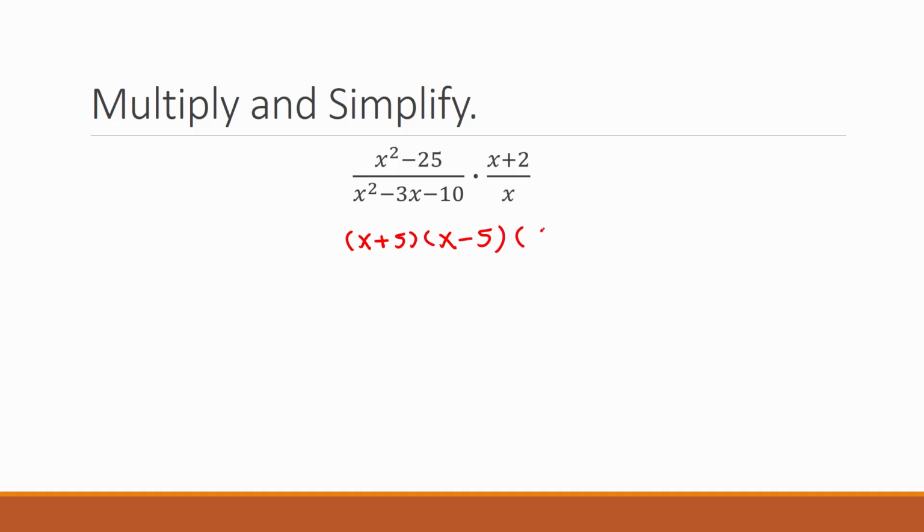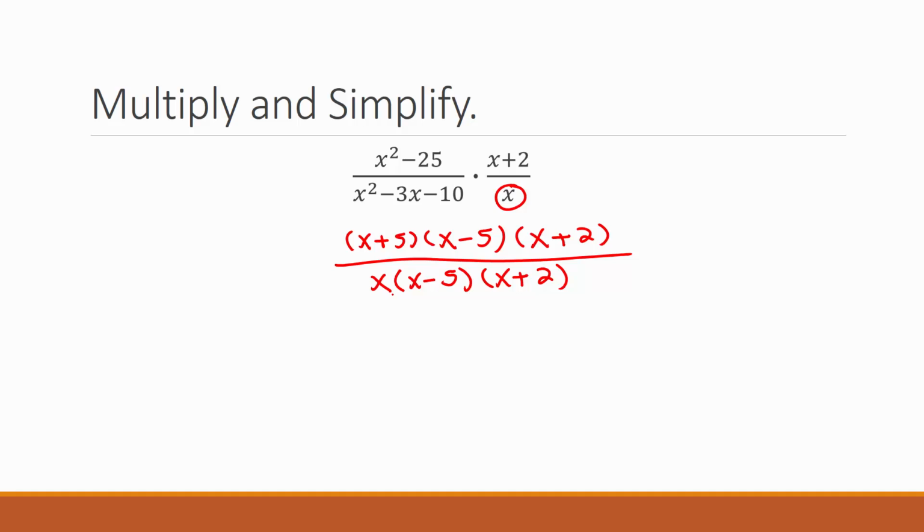And then we have the x plus 2 in the second fraction. In our denominator, we have x squared minus 3x minus 10, factors of negative 10 that give the sum of negative 3: x minus 5, x plus 2. And let's not forget this single monomial x. We'll put it right there in front.